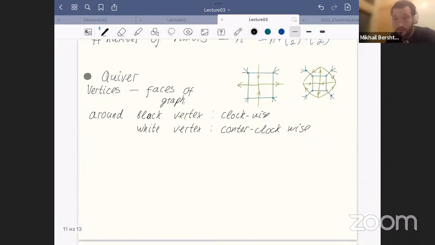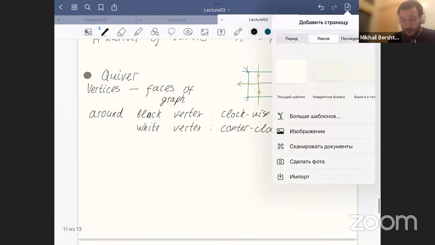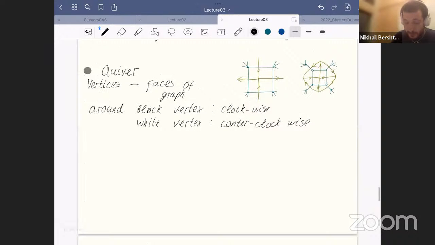Now, I think it remains near 5 minutes. I have to state, maybe we will not have time to explain them, so I leave everything as problems, but at least to state the main theorems.